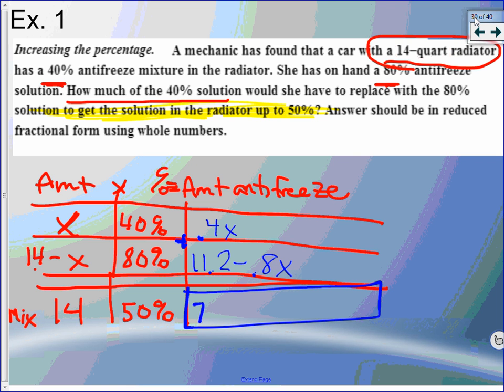So I can get this box two ways. From multiplying across, 14 times 0.5 is 7, or from adding down, I get 0.4x plus 11.2 minus 0.8x.